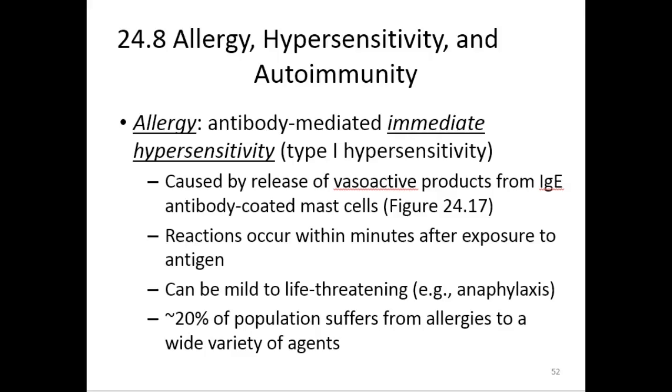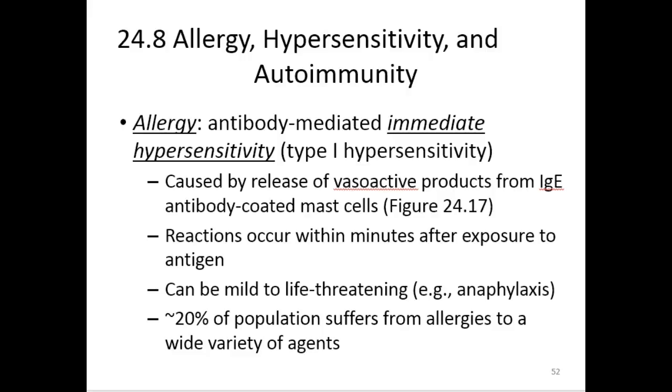So IgE-mediated reactions are stimulated by the binding of IgE to immune cells called mast cells, which are stationary cells in tissues, right underneath your epithelial lining.